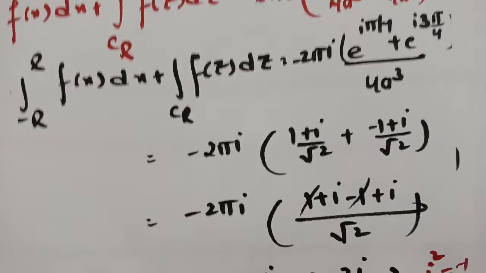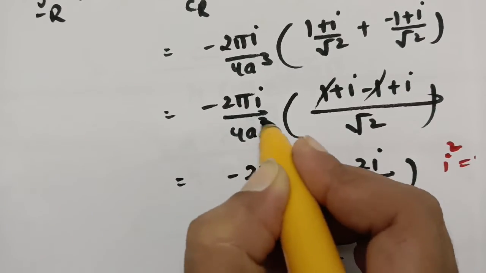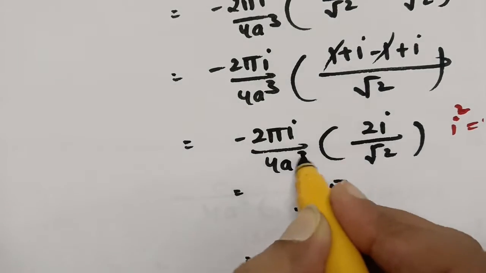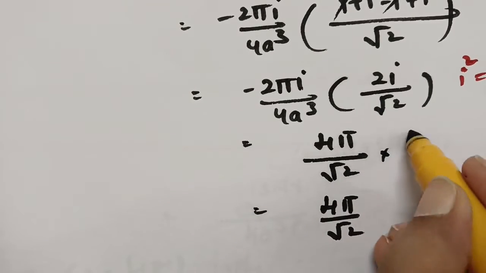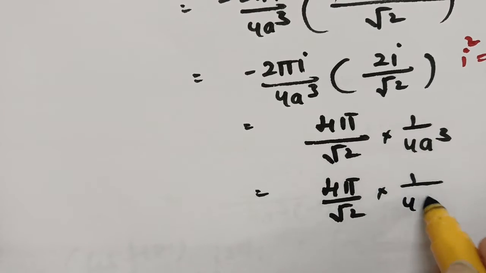See here, there is 4a cube remained here, so this is 4a cube. So if I still cancel this one, this will be 4a cube.